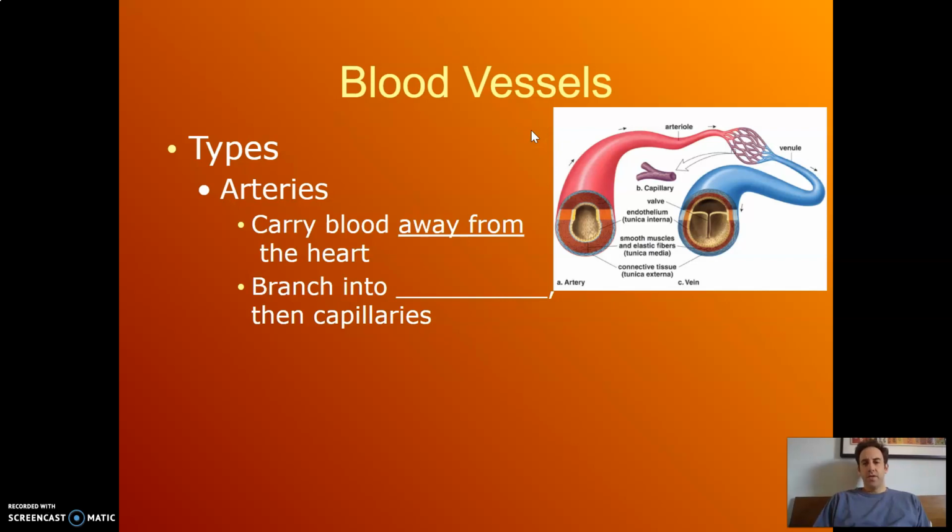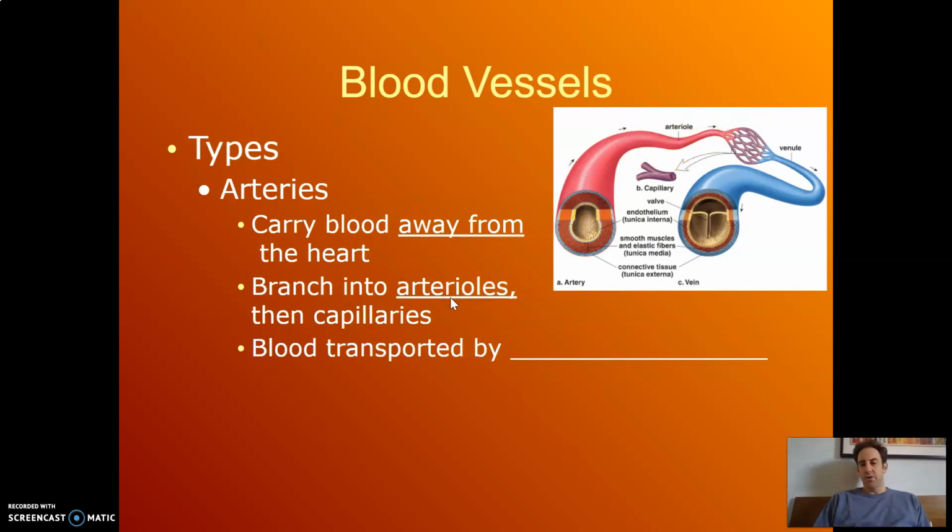They branch into smaller blood vessels called arterioles, which you can see here. And so arterioles are smaller arteries. So you can think of arterioles like your 50th Streets, your France Avenues, your Tracy's, your Vernons, those kind of bigger roads, but not major freeways. And then the arterioles branch further into those smaller capillaries.